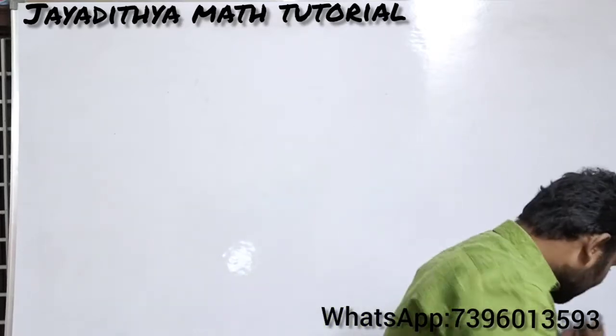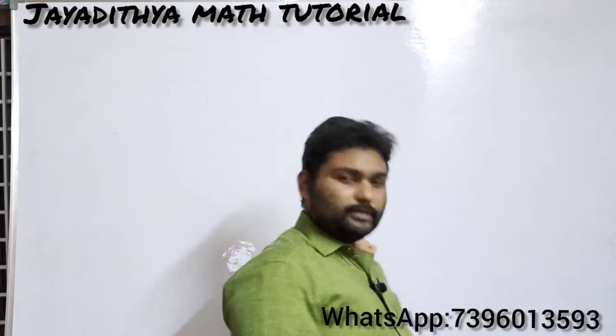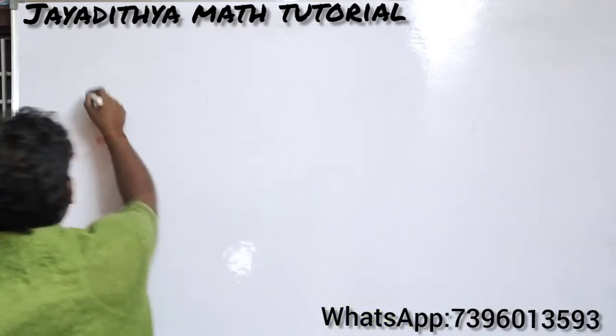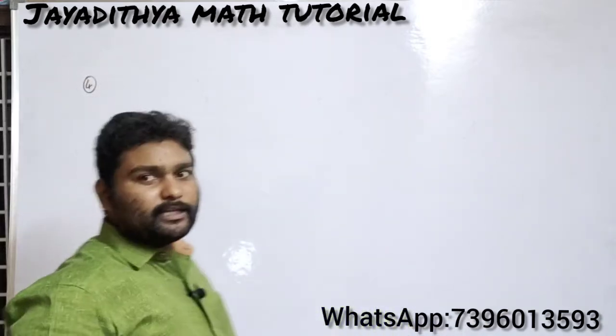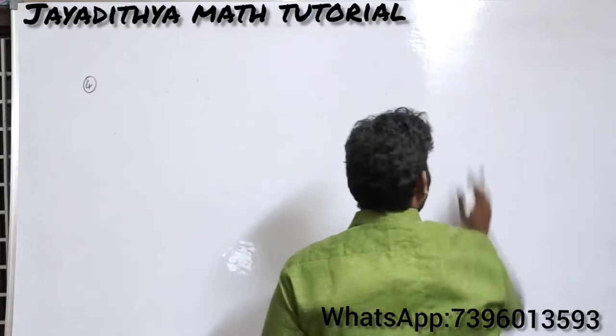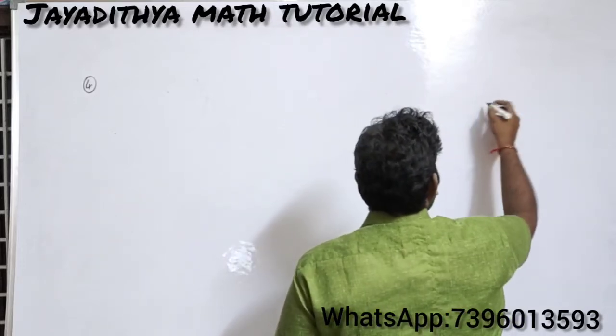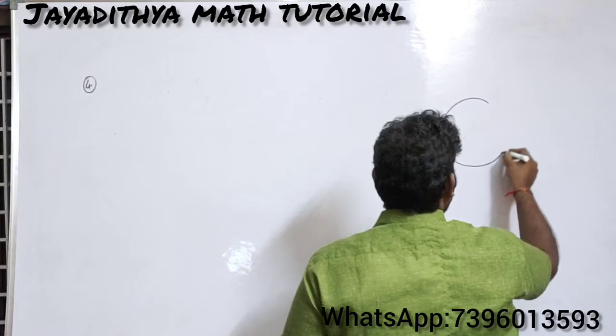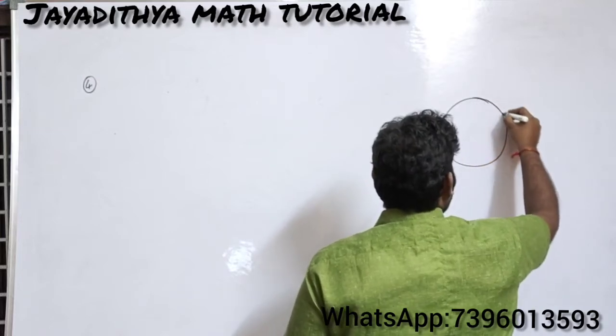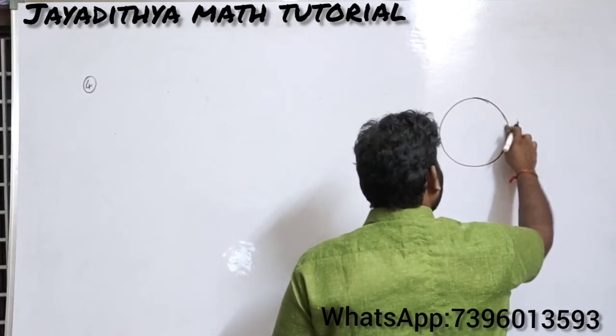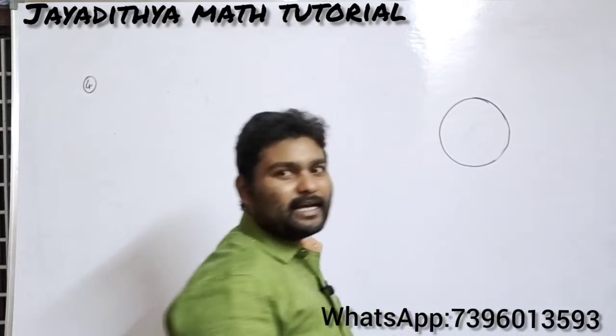Okay, the next one. This is the fourth question in your Exercise 2. Keep your textbook in front of you and read the problem clearly, then you will understand it. See here, first of all, there is a circle and a triangle is circumscribing it.